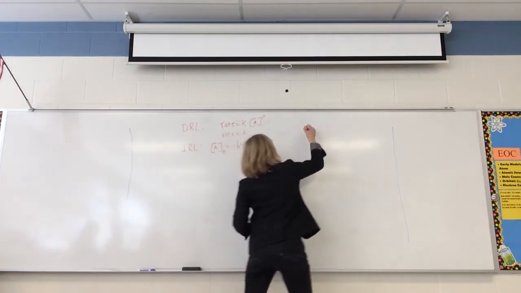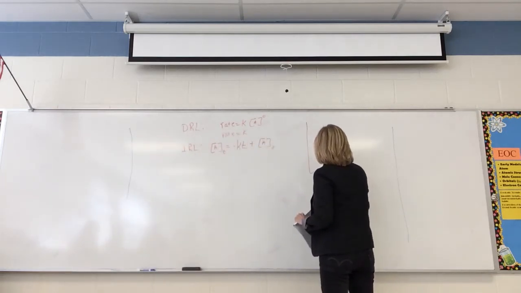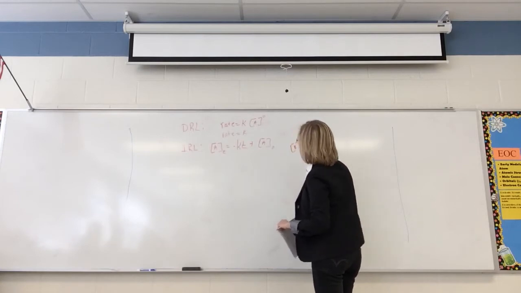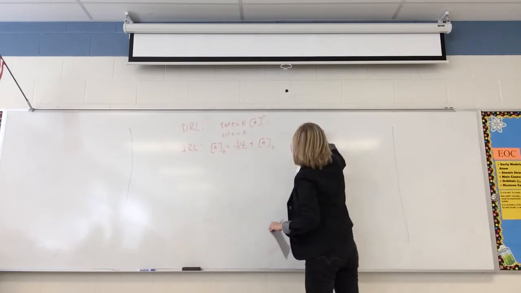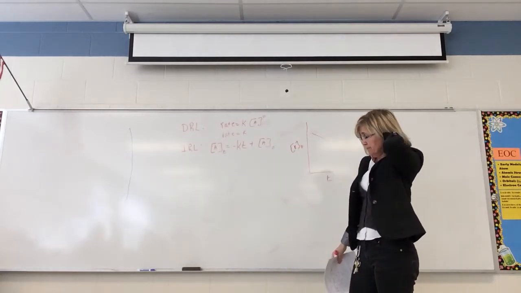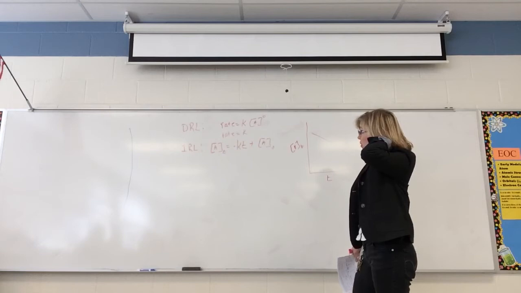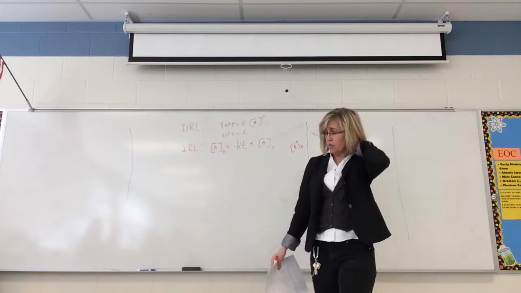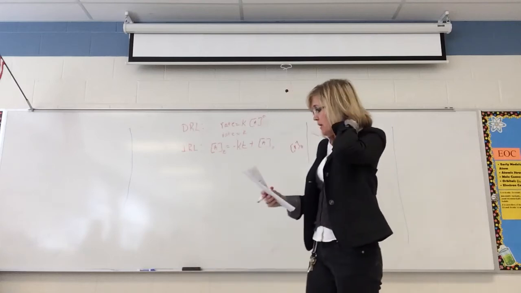If we look at it linearly, what is the linear relation of a zero order reaction? It's just concentration versus time, and it will have a negative slope. So both a zero order and a first order will have a negative slope. It is a second order that is unique in that it has a positive slope.